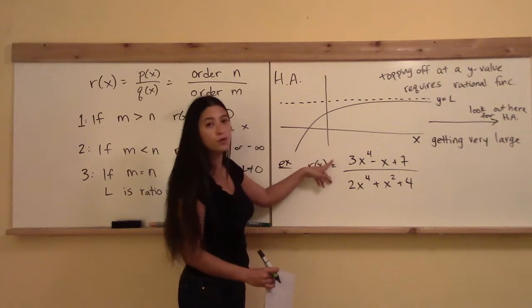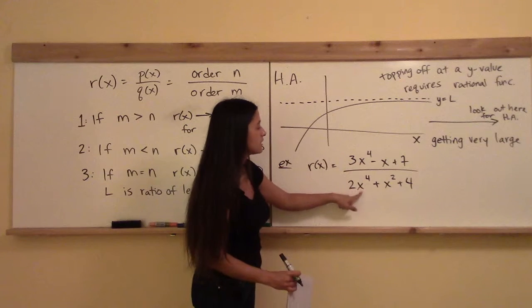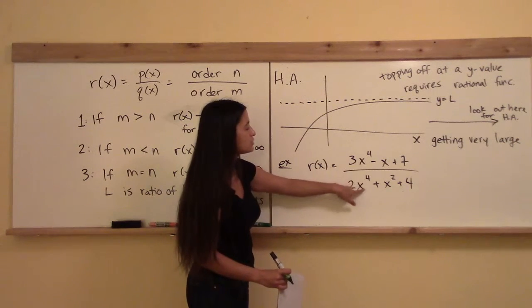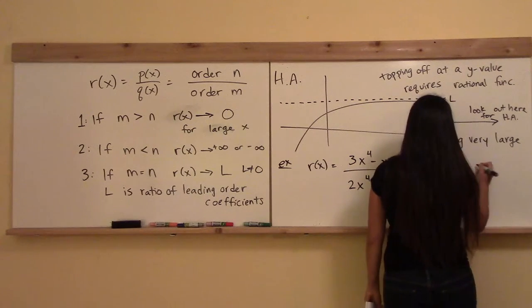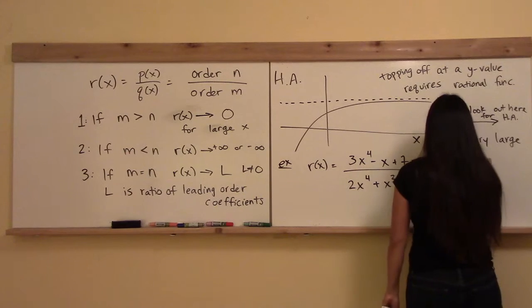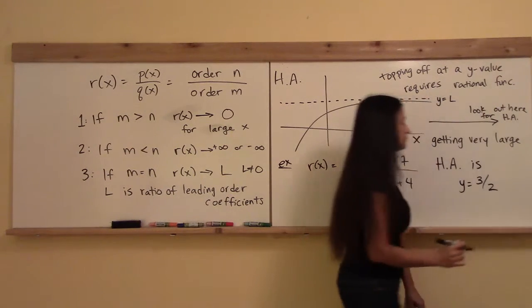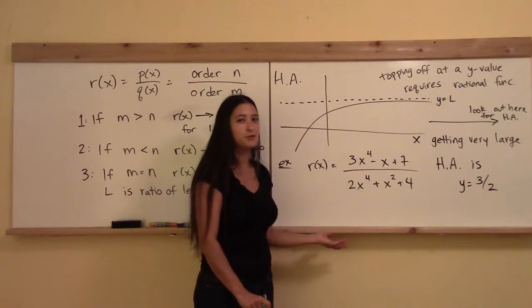Both of these are of order 4. So these are two quartic equations, x to the 4 here, x to the 4 there. So the highest order terms match, and so I know that the horizontal asymptote for x getting very large is y equals 3/2. Now you can see what I meant by the ratio of the leading order coefficients.